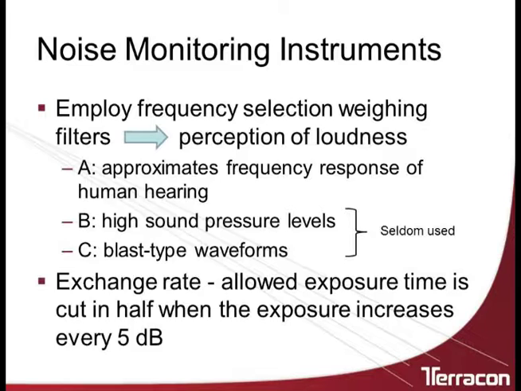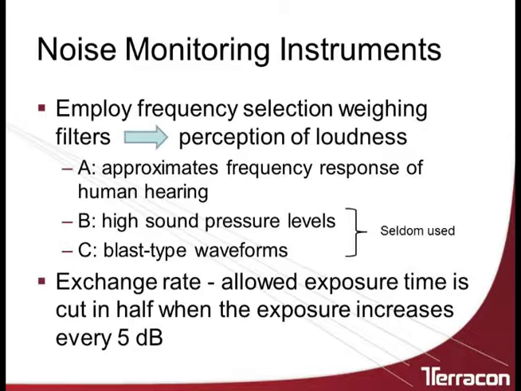There's also something referred to as the exchange rate. What the exchange rate means is that the allowed exposure time is cut in half when the exposure increases by 5 dB. So for every 5 dB, there is a halving of the time allowed.